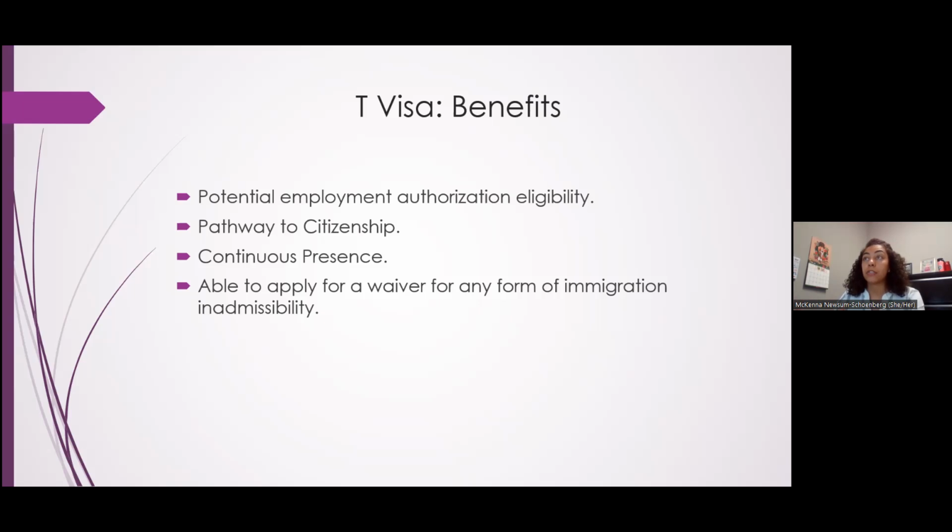One of the biggest things for the T visa is that potentially a record of prostitution can be waived in your background if you are a victim of sex trafficking. Though that's against the law in the United States, it could be waived through the T visa process and that waiver process.